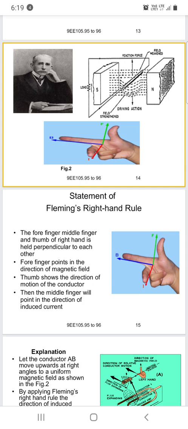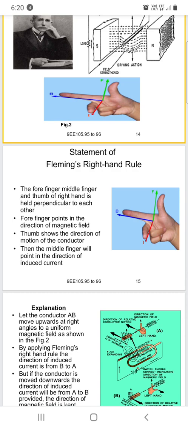So here they are perpendicular to each other. The three fingers of the right hand are shown in the figure. So you have to observe the figure, where the thumb, forefinger and middle finger of the right hand are held perpendicular to each other.